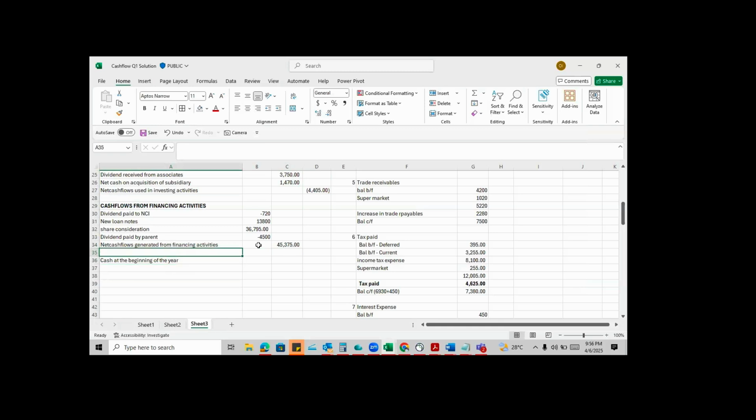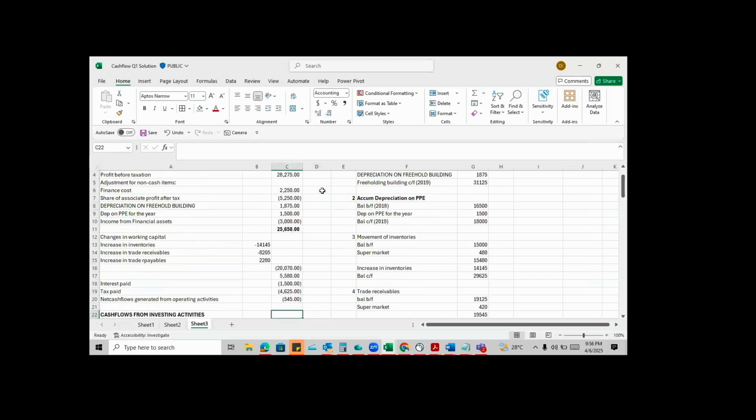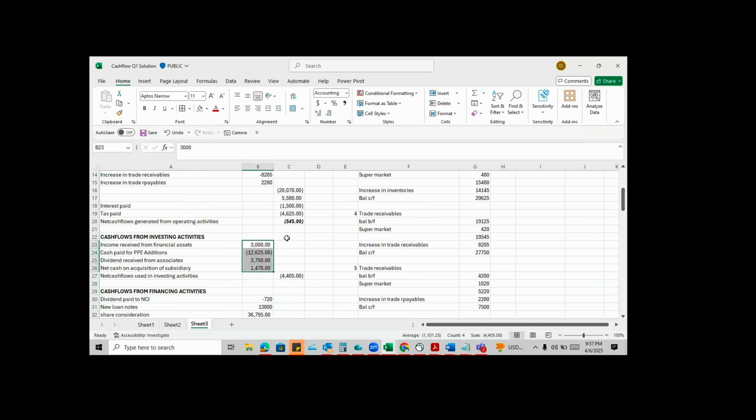So let's start like this. Net cash flow. What did I put here? Sorry. Why did I put this on here? Sorry, just some movements there I wanted to do.